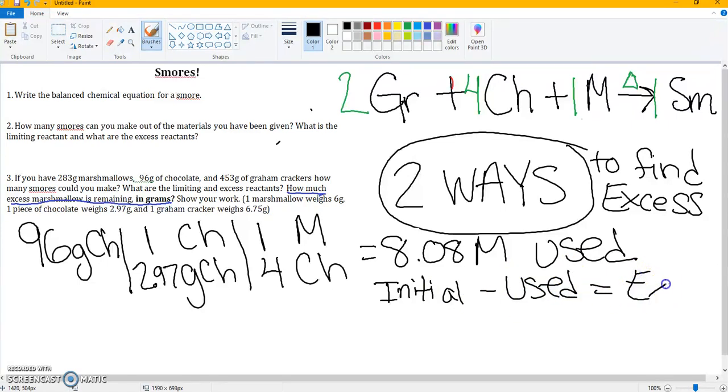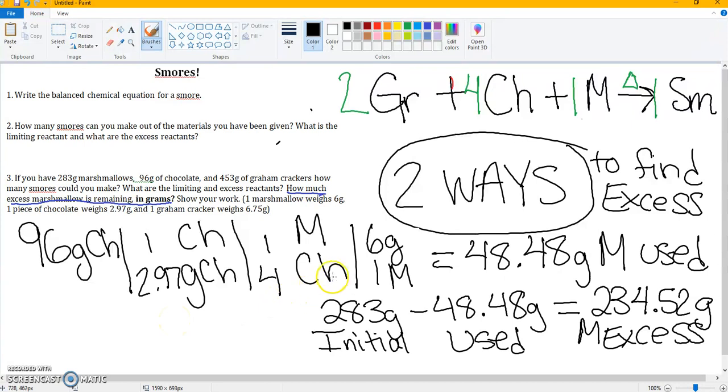It's the same way, but here I need to be careful, because in this one I only went to marshmallows and the initial marshmallows are in grams. So I need to do one more conversion first before I can actually do the initial minus used. I have to get 8.08 marshmallows into grams.